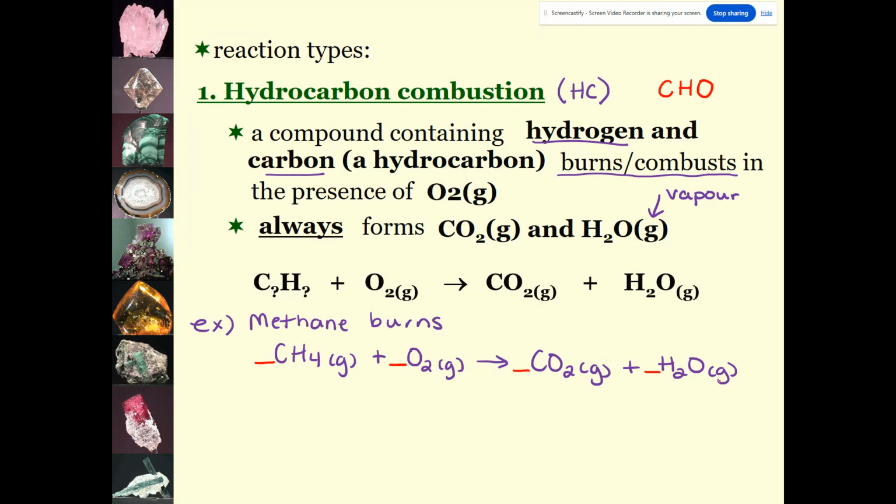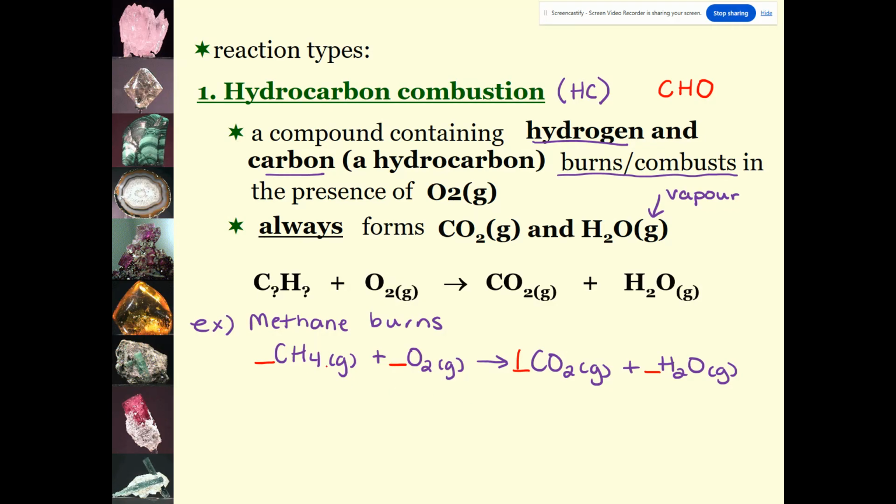So for example, my carbon, I have 1 carbon in my methane and 1 carbon in my carbon dioxide. So my carbon dioxide is good. I'm just going to put a 1 in front of it for now. I can always use pencil and erase it if I need to change it.